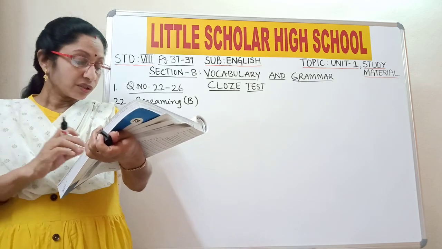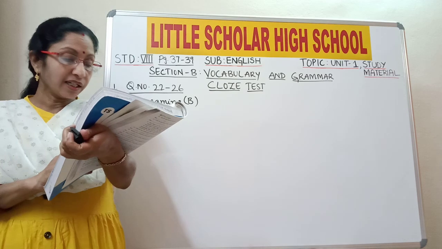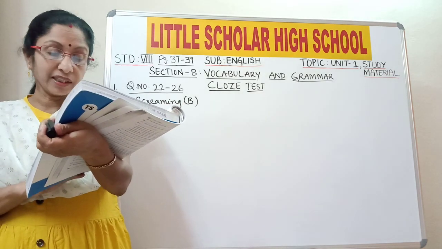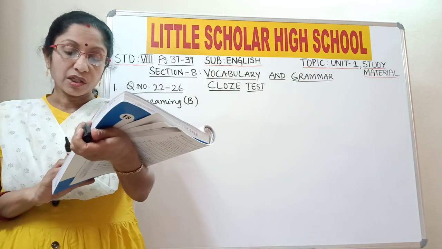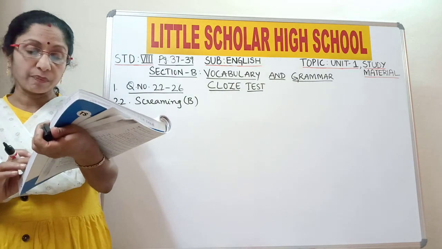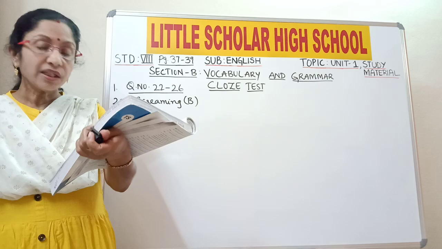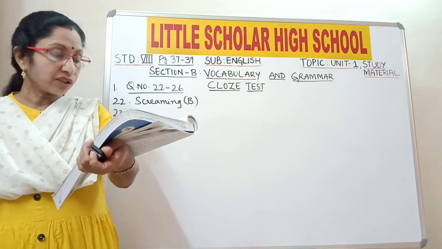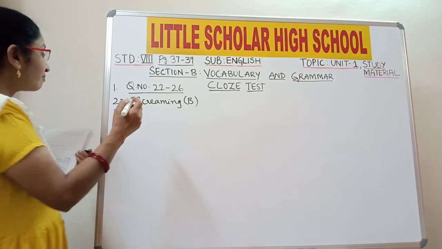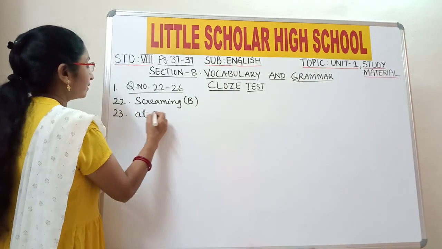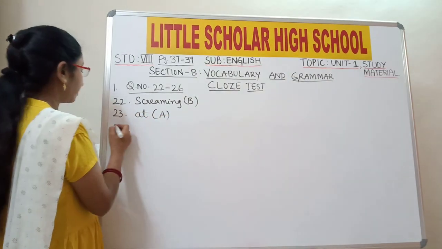Dash the loaves. So option A is at, option B is in, option C is on, option D is to. All these are prepositions. So when you say the meaning of glimpse is looked, so looked at, we say looked at. So the option A is the answer. Glimpsed at. Option A is the answer.